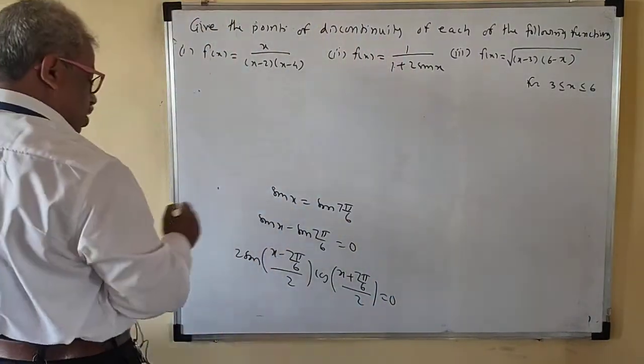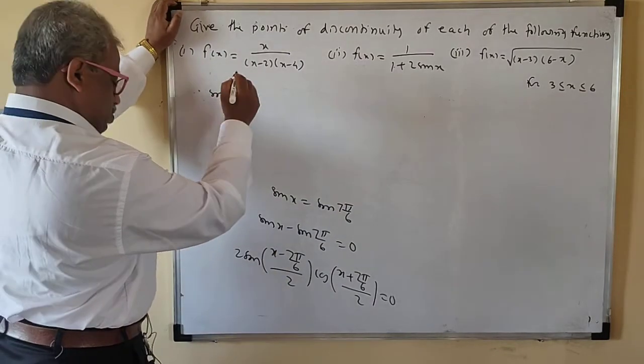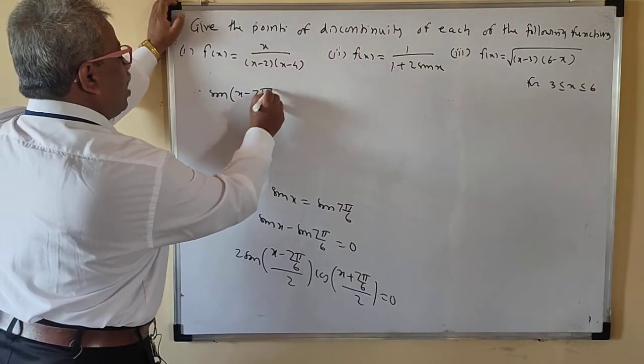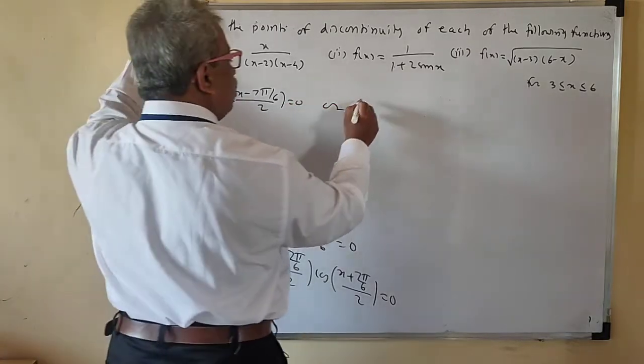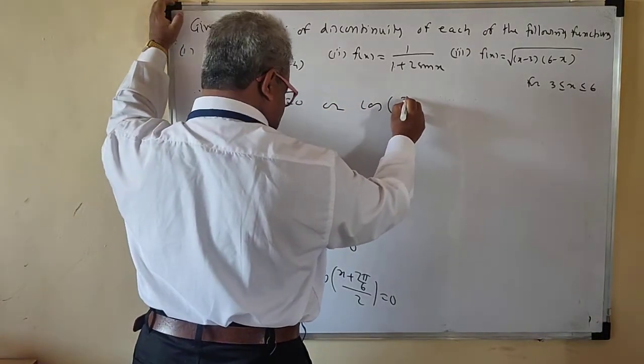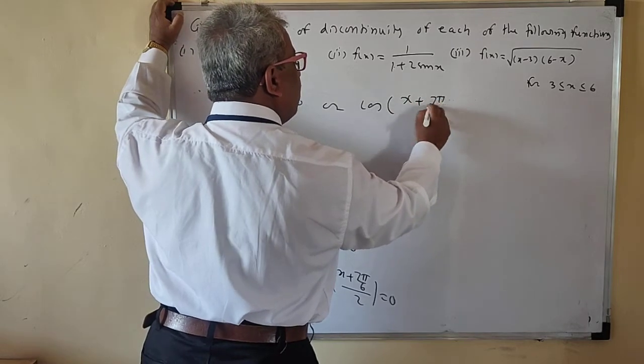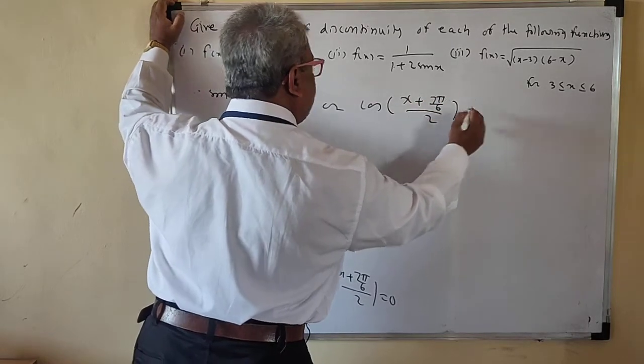So that means sin of (x minus 7 pi by 6) upon 2 is equal to 0, or cos of (x plus 7 pi by 6) upon 2 is equal to 0.